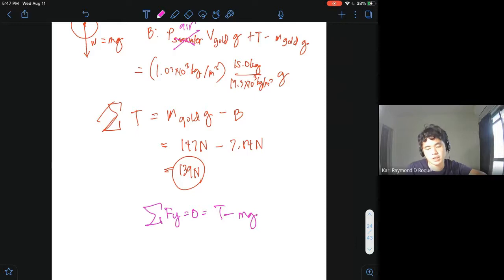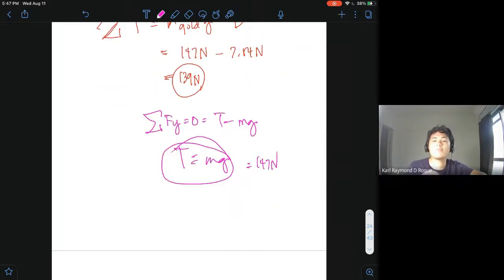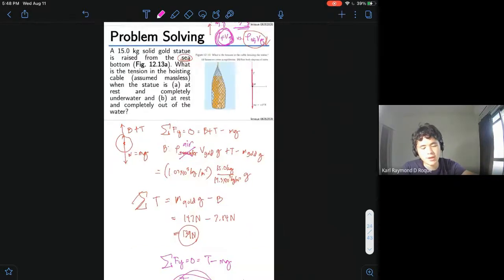Simple physics. Sa mga physics problems, you don't assume na may buoyant force, lalo na pag nasa air lang siya. Okay? Before we continue, do you get it? Gets ba yung way of thinking?